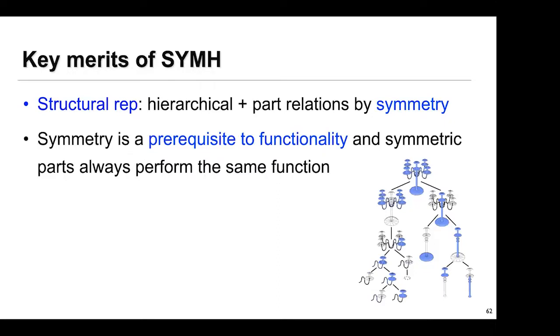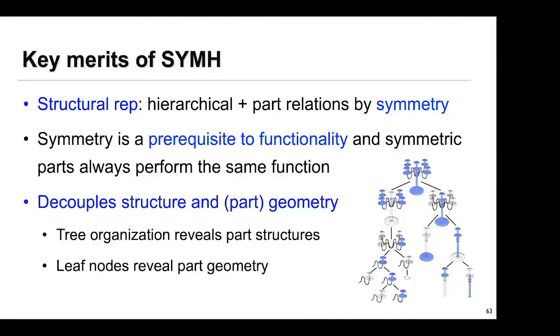And in fact, if you don't have the symmetry, the shape will not be able to perform its function. If the four legs are not symmetric, the chair may not even stand, right? Also, the symmetric grouping performed by this hierarchy construction is related to functional grouping, because obviously symmetric parts tend to perform the same function. Another key merit is that this representation is purely structural, right?